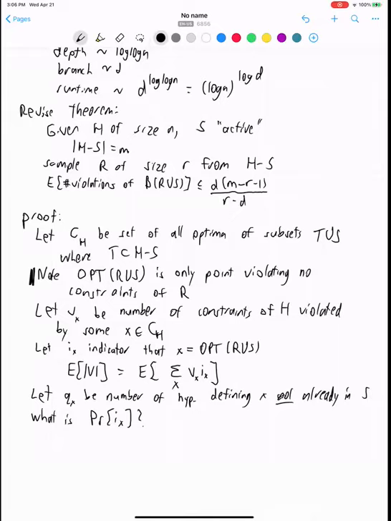What has to happen in order for X to be the optimum of my recursion?